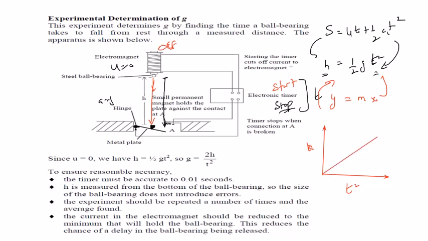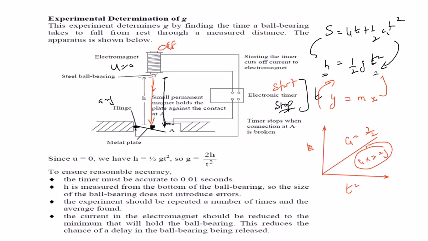So it will be a straight line from the origin in which the gradient will be equal to g by 2. If the gradient is g by 2, then gradient multiplied by 2 gives us the value of gravity. So using this technique, we can find the acceleration due to gravity of a free fall object.